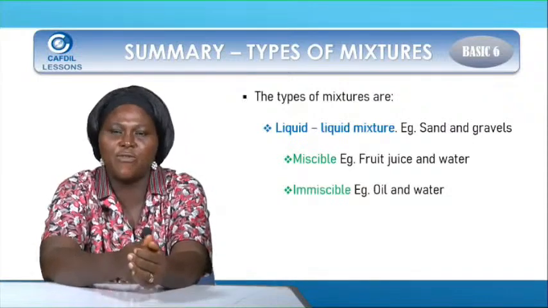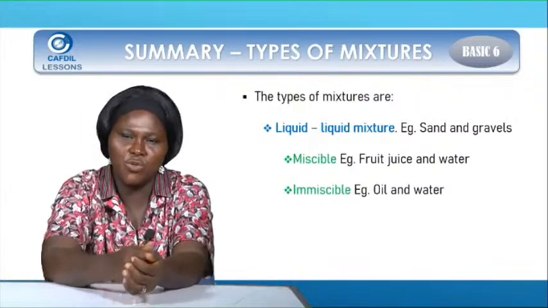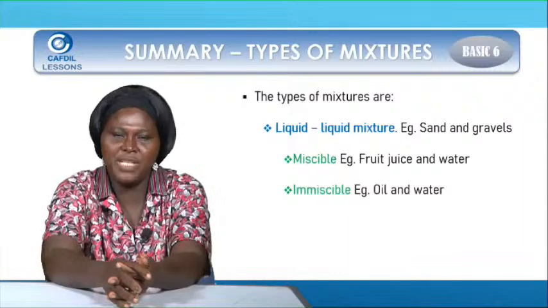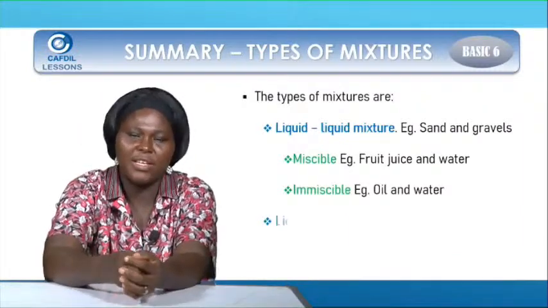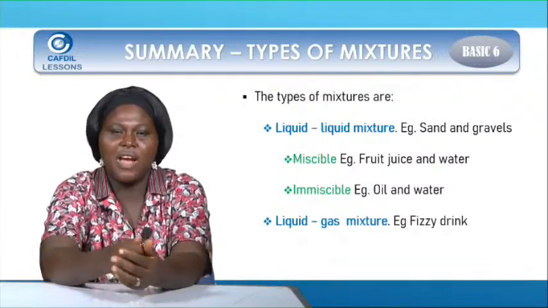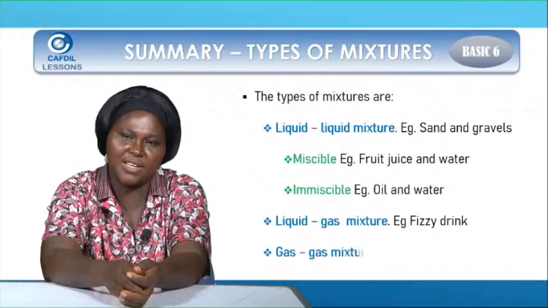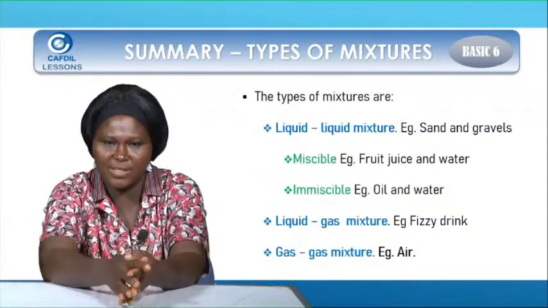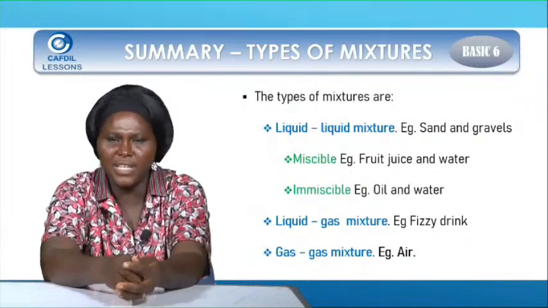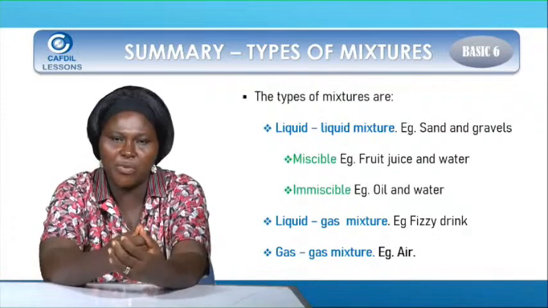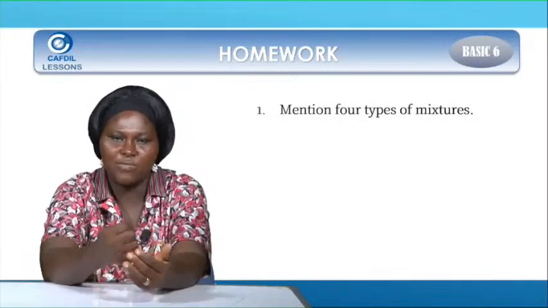Miscible, that is fruit juice and water, and immiscible, that is oil and water. We have liquid-gas mixture, an example is fizzy drinks. We have gas mixture, an example is air.